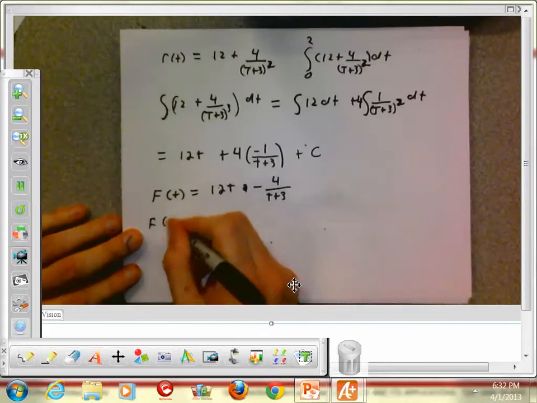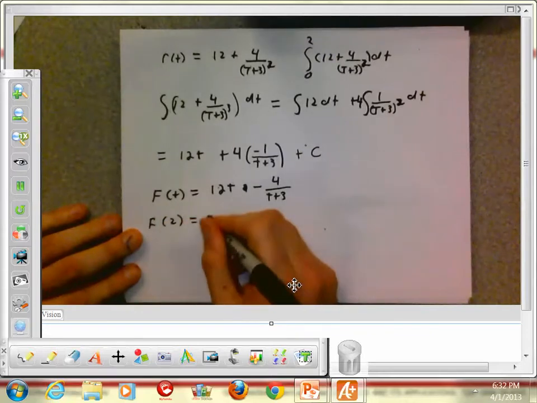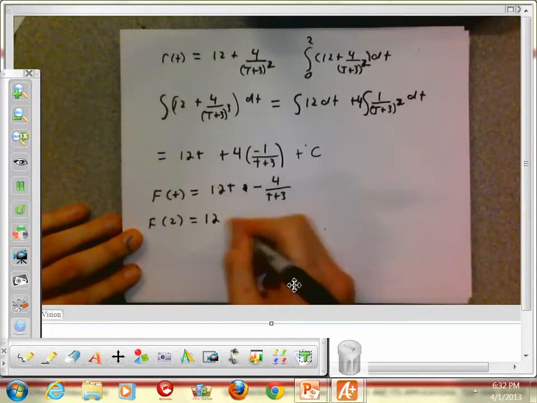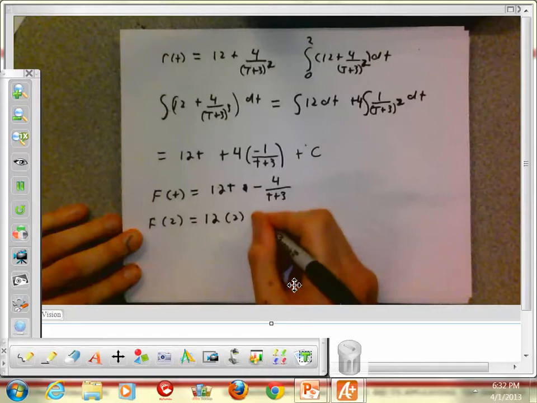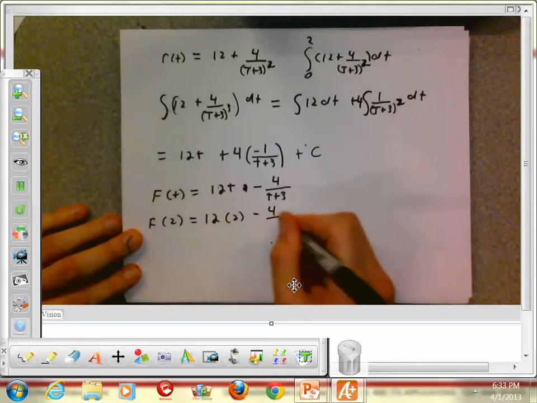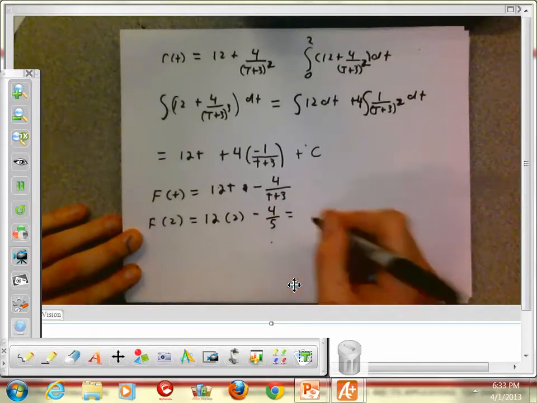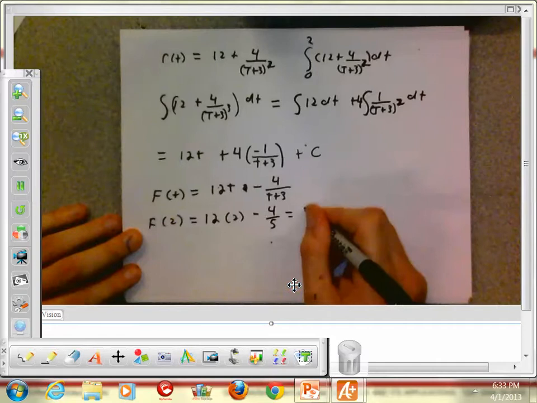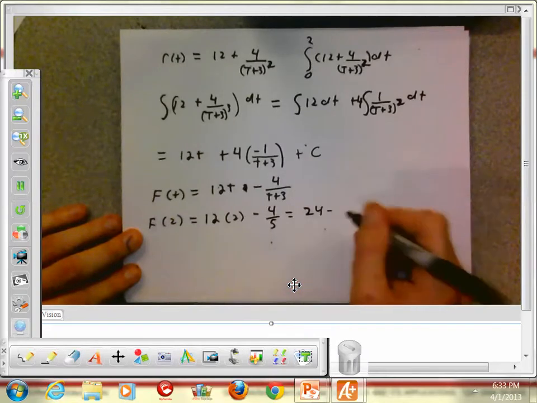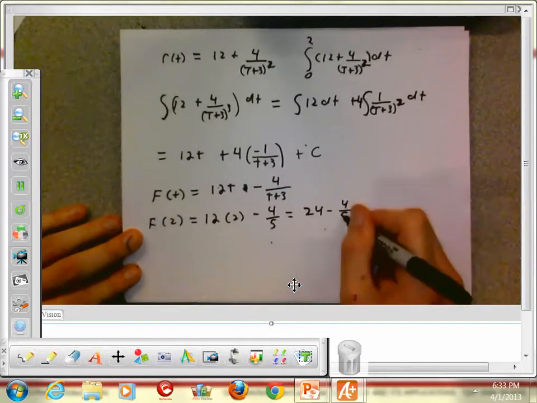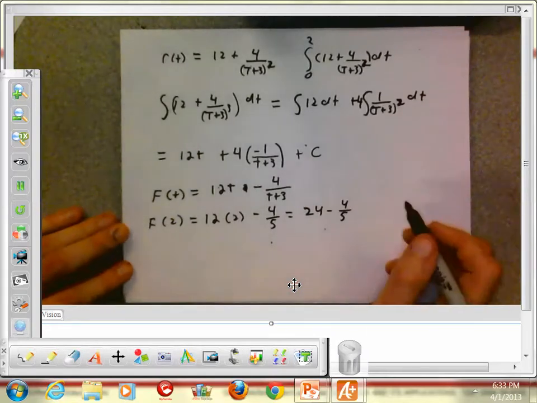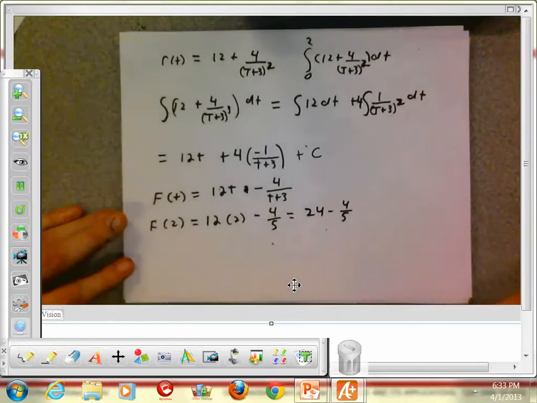which is going to be equal to 12 times 2 minus 4 divided by 5, which is going to be equal to 24 minus 4/5. And our other bound was 0. Did I get that right? Was it 0? Yeah.